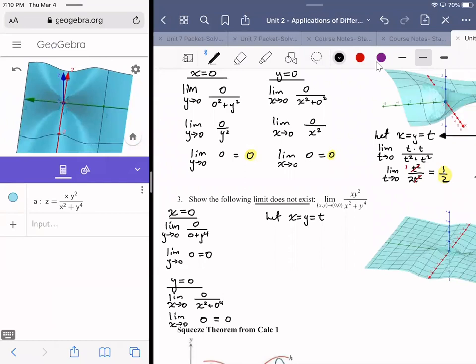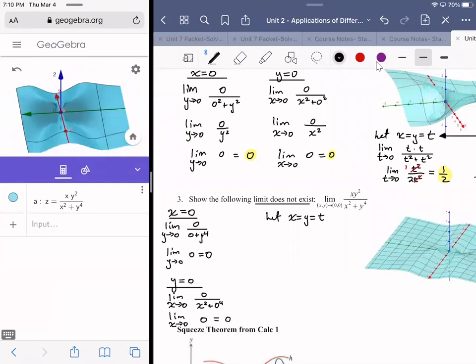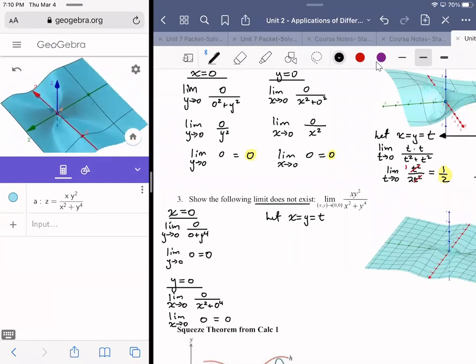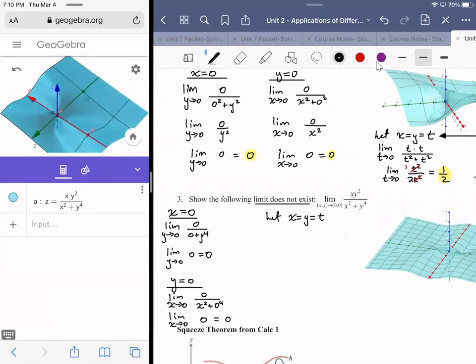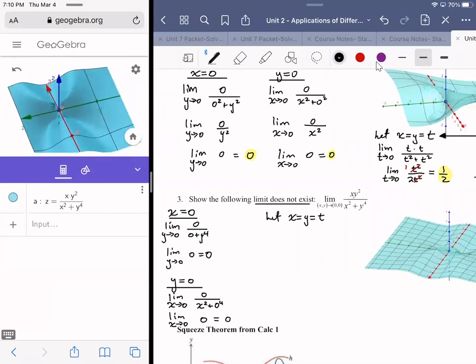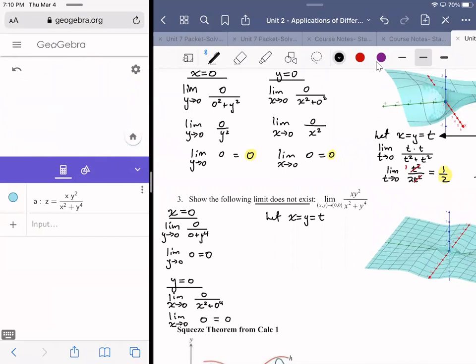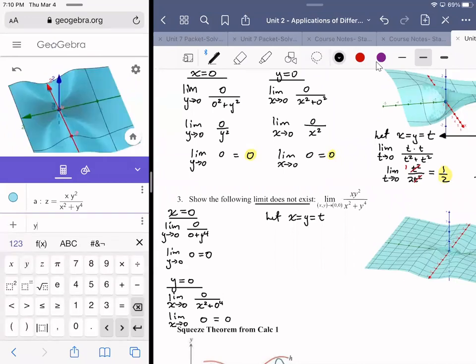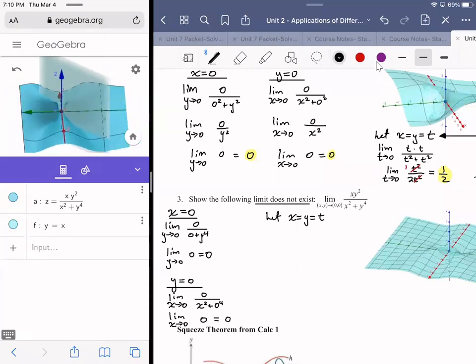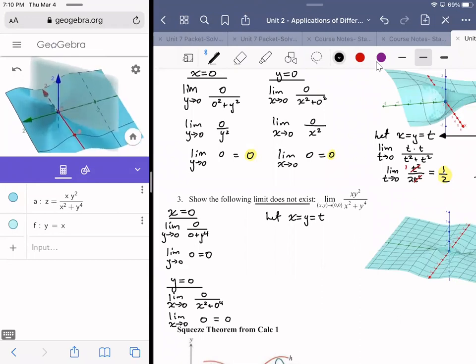And honestly, if you kind of blur your vision a little bit, you kind of see a little parabola hidden in there, right? A little parabolic pathway. Hold that thought. But what we're going to do is look at y equals x and follow that pathway. So we've got to climb some mountains, but we'll get there. Maybe. So that would be a case where we would replace all of our x's and y's with t's.